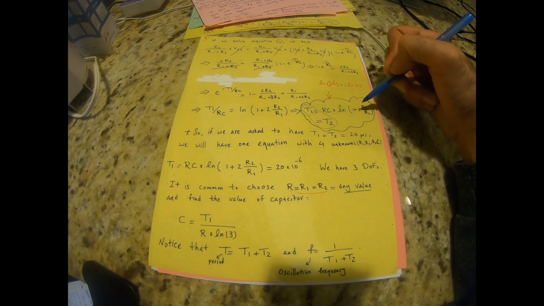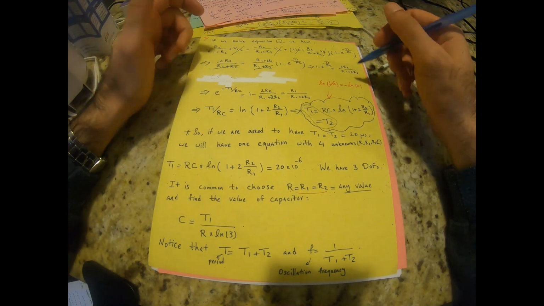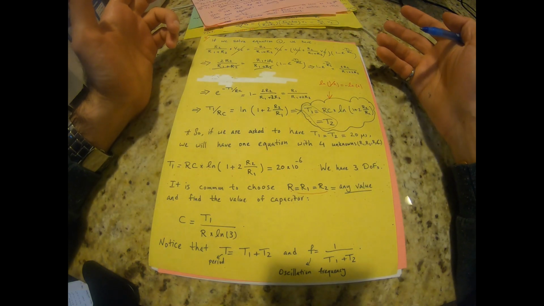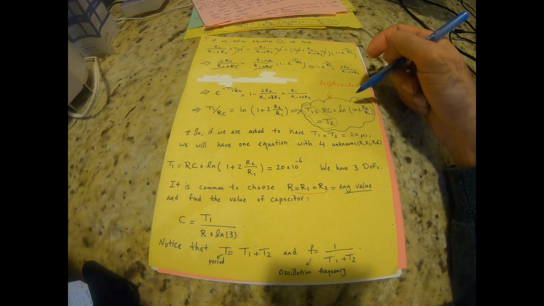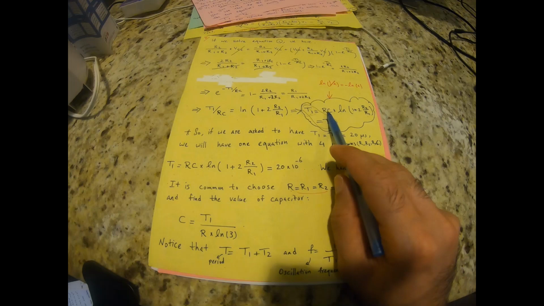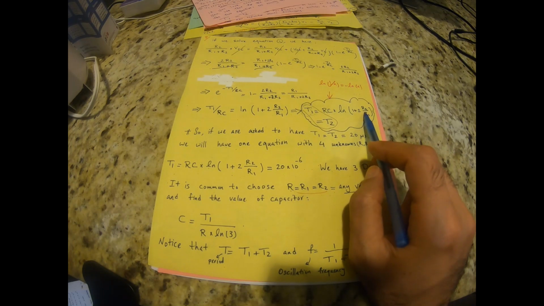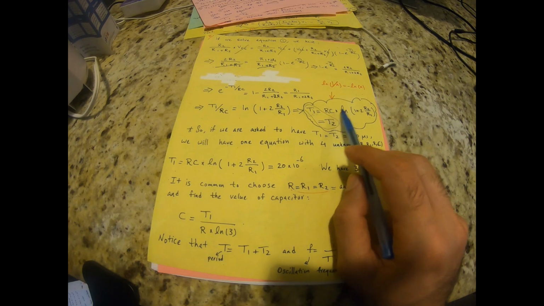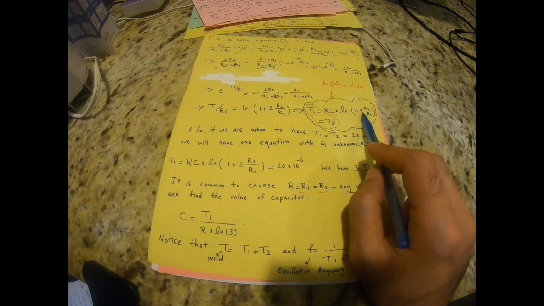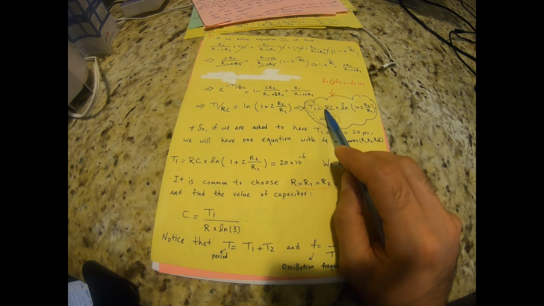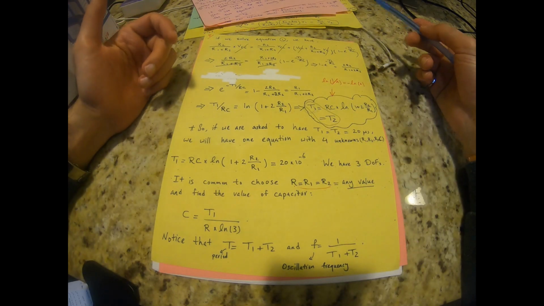We have only one equation for 4 different unknowns. There are infinite answers for this equation. You can choose R to be 1, C to be 1 microfarad, R2 to be 100, and find the value of R1. You can choose C to be 2 microfarad, R2 equal to 1, R1 equal to 100, and find the value of R. So there are many different answers.